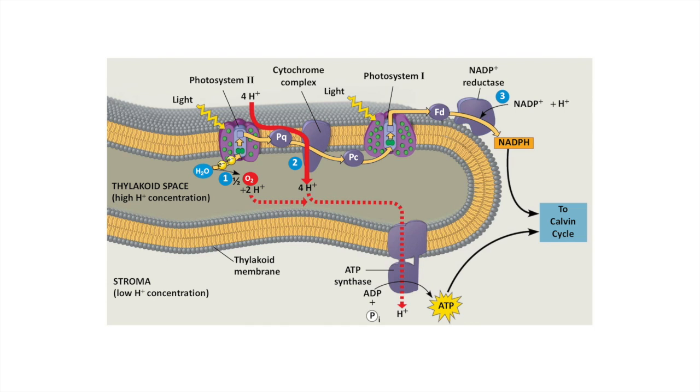And that concentration gradient drives a molecule of ATP synthase, just like we saw in cellular respiration in producing ATP, only we call this photophosphorylation instead of oxidative phosphorylation. We can recycle those electrons that did the work to pump the protons into the thylakoid space. So it's got a high proton concentration, a low pH, it's strongly acidic, but those protons can get out through ATP synthase. And that produces ATP, and all of that goes to the Calvin cycle.